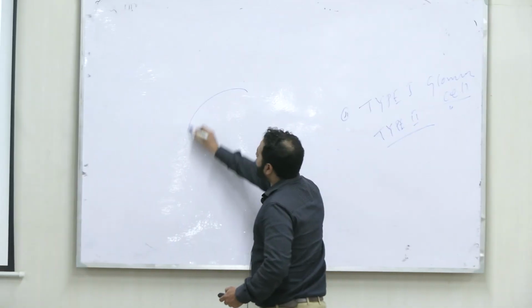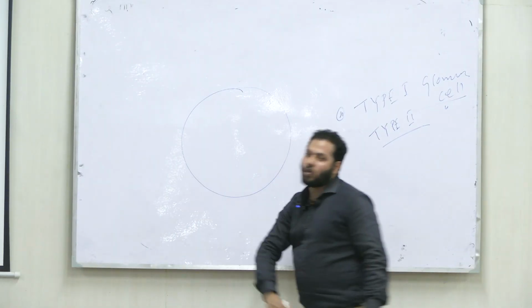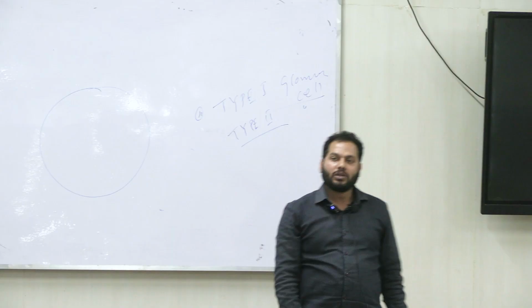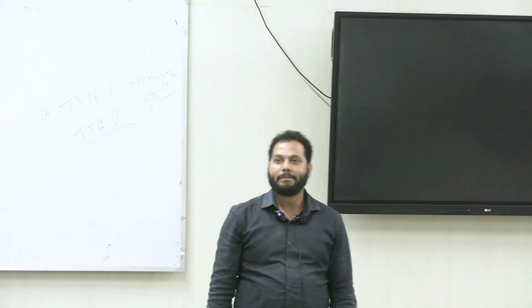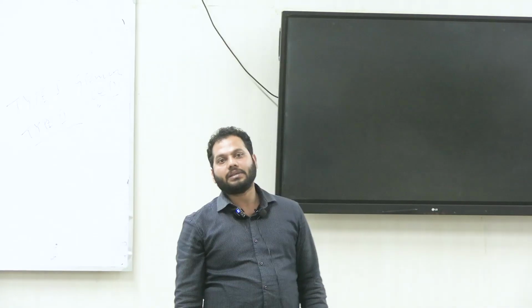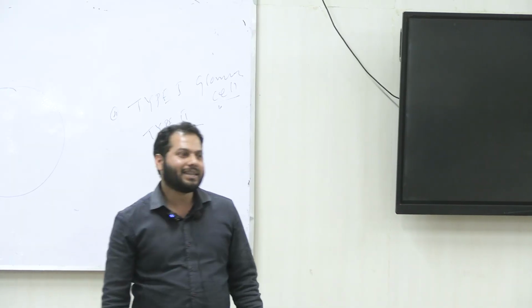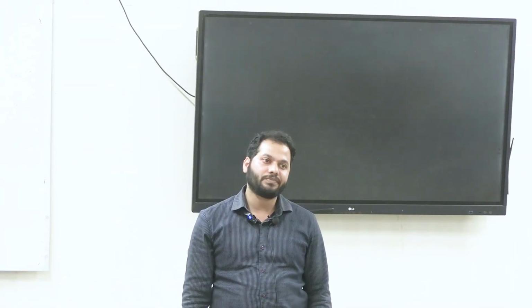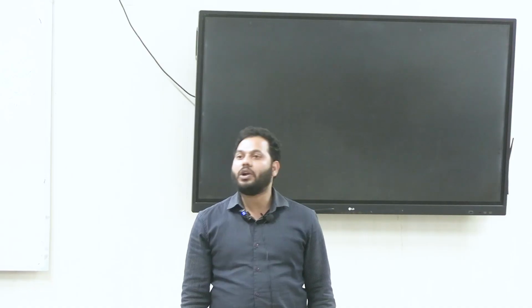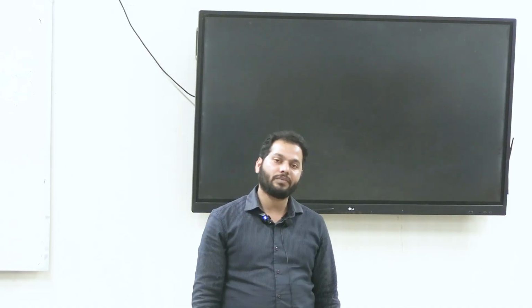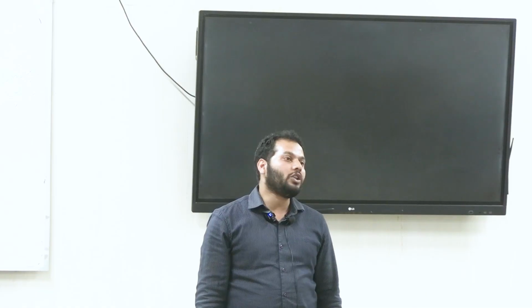Now let me show you the features of type 1 glomus cell. Suppose this is type 1 glomus cell. Like other cell types, these cells also contain the cell organelles and other matter that are present in normal cells. But the specialty of these cells is that they contain some special granules, right?